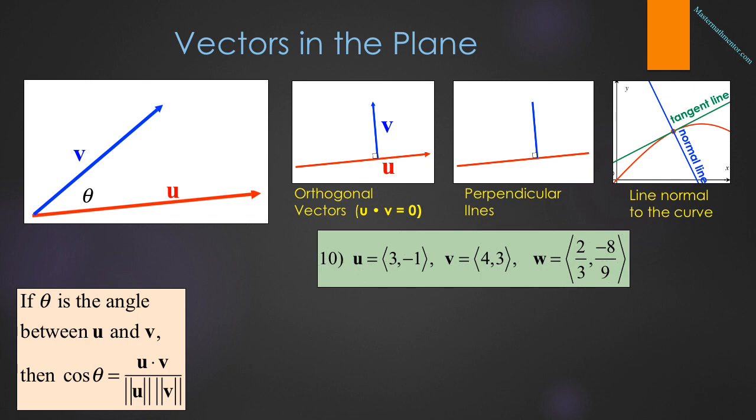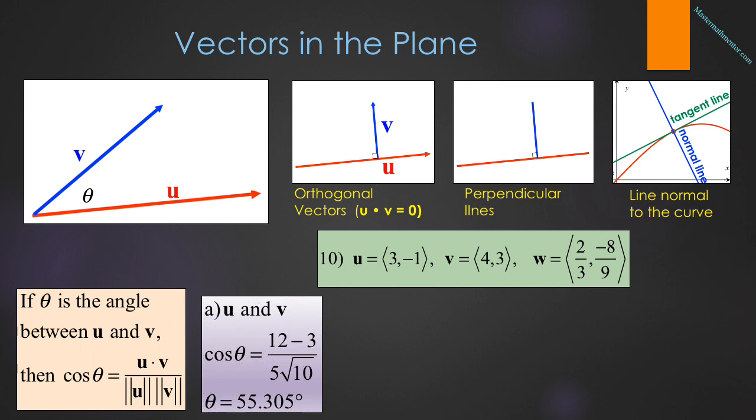In number 10, we are given that u is equal to 3, negative 1, v equals 4, 3, and w equals 2/3, negative 8/9. And we would like to find the angle between each vector pair.